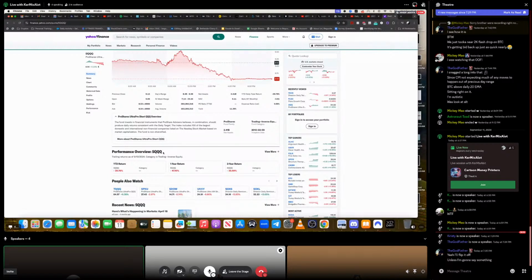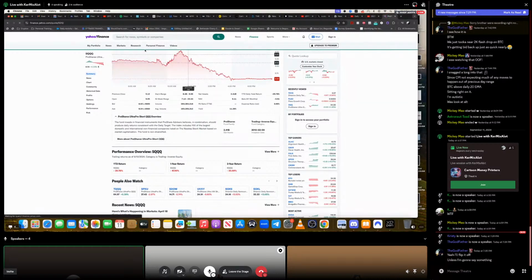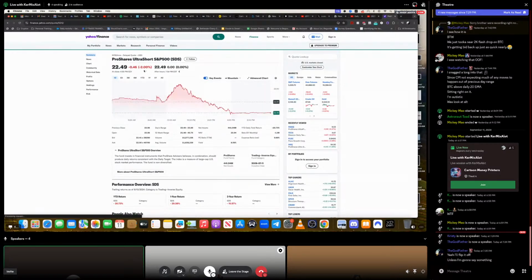My trading buddy here in real life likes to trade that. SDS is also an inverse. Here, I'll show you. That's ProShares Ultra Short, and it's giving me the same thing for SQQQ, because it's leveraged and inverse. QQQ is not leveraged, I don't think.